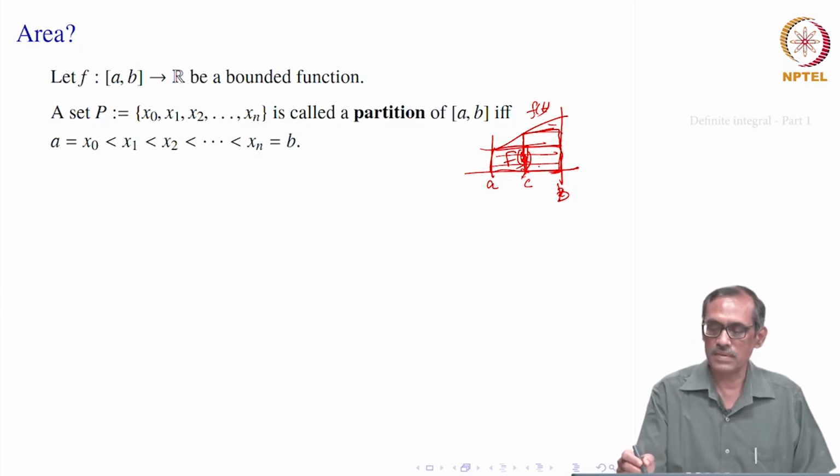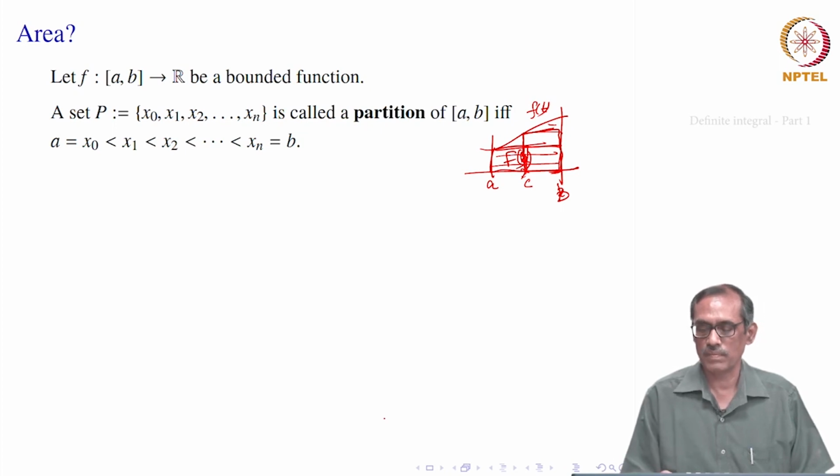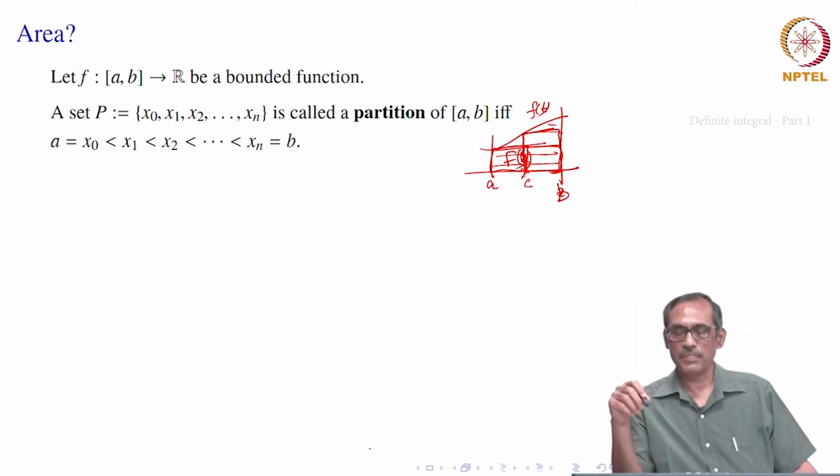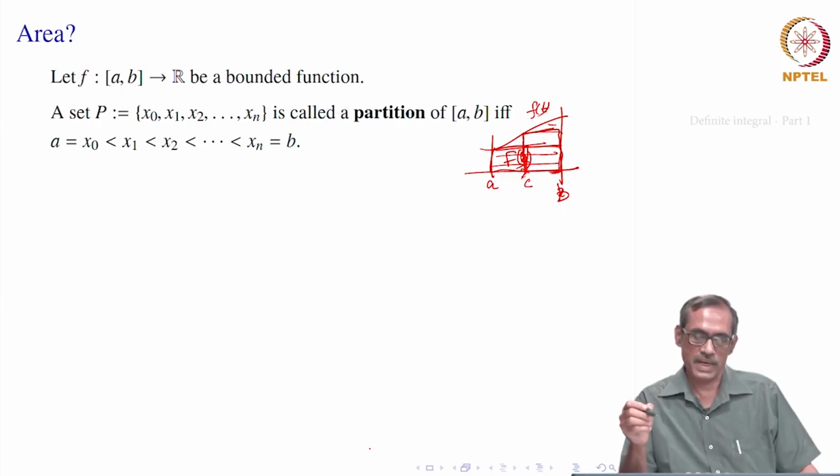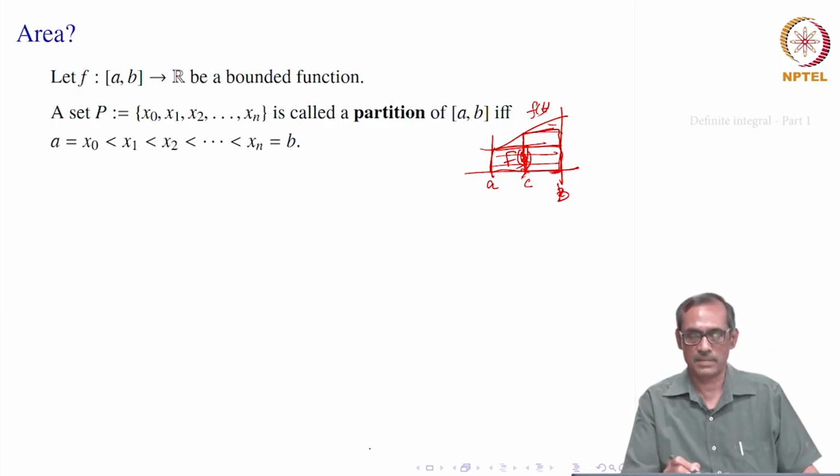So, I may think of approximating the area under the curve with the sum of these two. As it looks intuitively, if we go on subdividing this interval a to b into smaller and smaller sub intervals, then on each of the sub intervals we compute that rectangle, add them, and that will be a better approximation when these sub intervals are smaller and smaller.